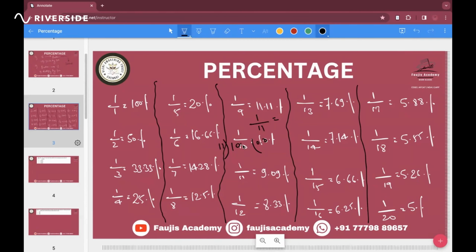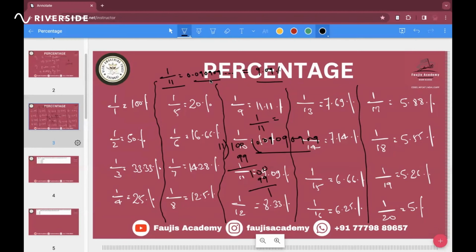So 1 by 11 is equal to 0.090909 dot dot dot, which is almost equivalent to 9.09 percent. Please write fraction, percentage, and the decimal.